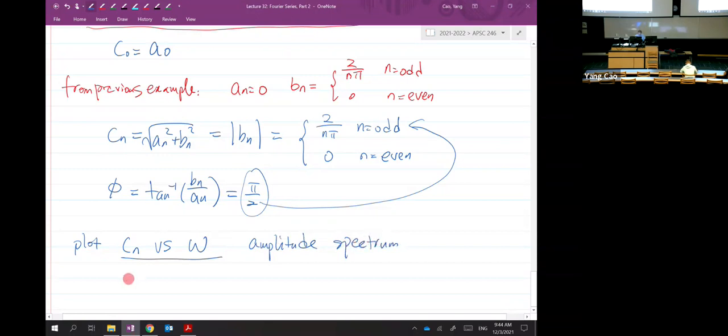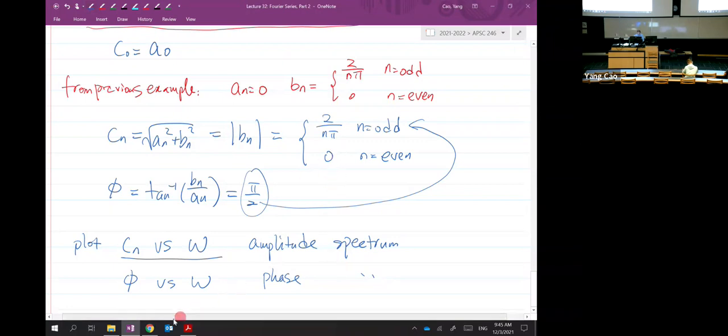And if you plot phi versus omega, you get the so-called phase spectrum. These two pieces of information you absolutely cannot tell if you just look at the function in the time domain. But if you do the Fourier series, you will be able to get this very important information behind the time domain signal.